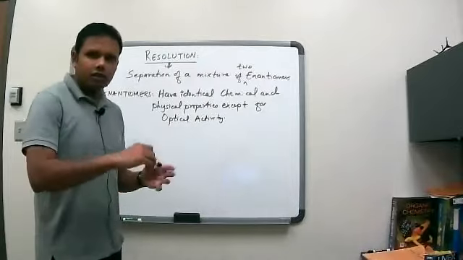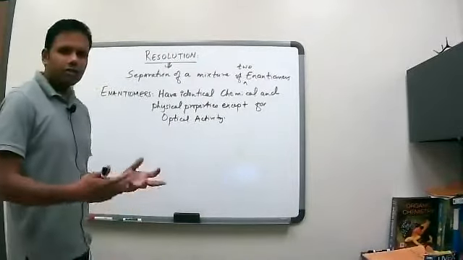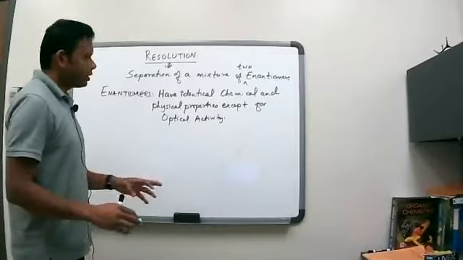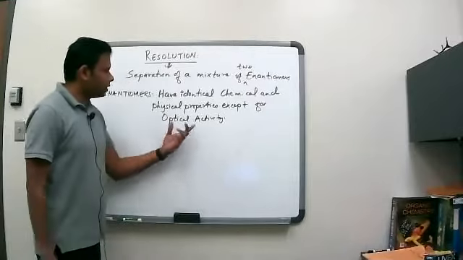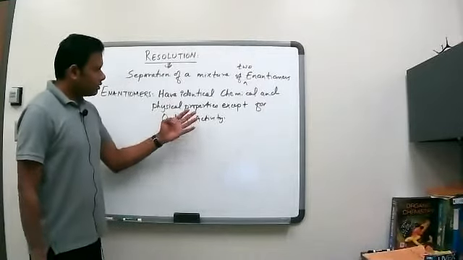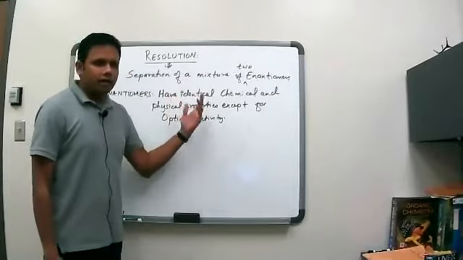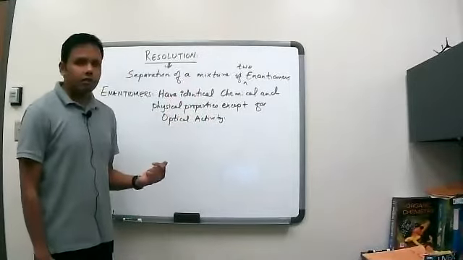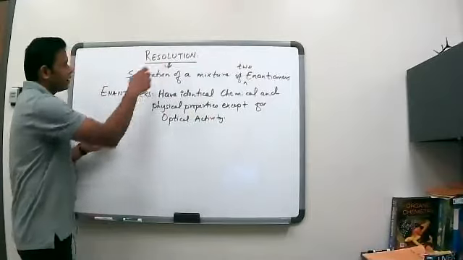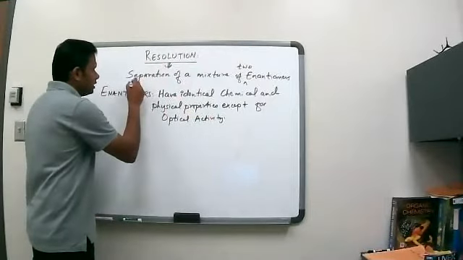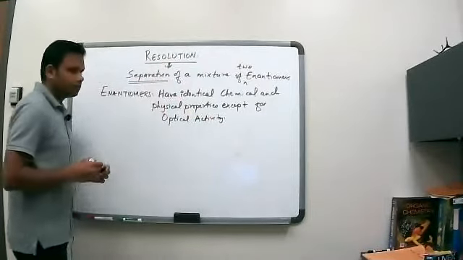Okay, this is in a separate video. So we'll deal with that later. So they have identical chemical and physical properties, because again, resolution, when you think about it, this is the key here, is separation.